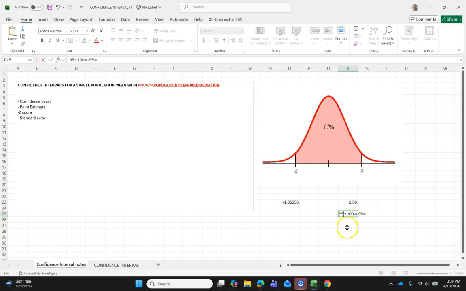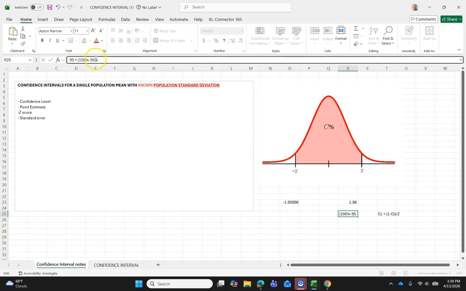And if you can do the math, let's work on that. So let me write this formula. It is confidence level plus (1 minus confidence level) divided by 2. So we are taking this side, we'll call it the area to the left side, which will be 1 minus 95, which is 5%, divided by 2.